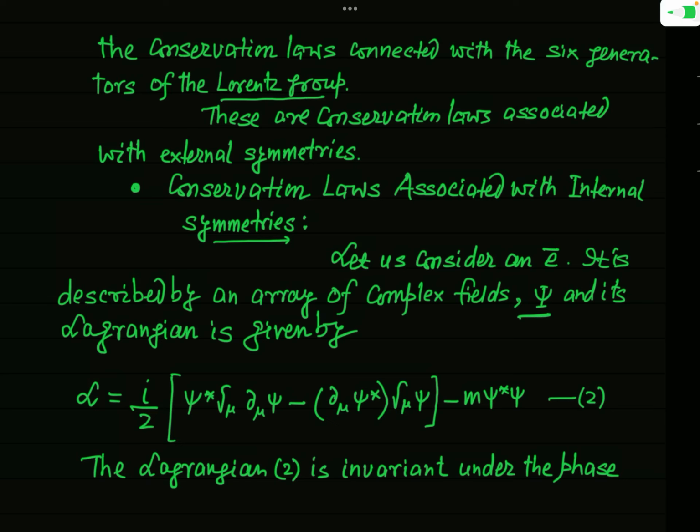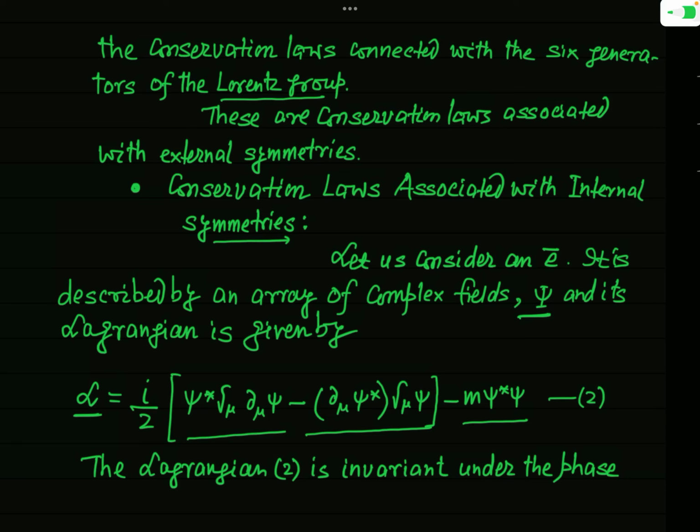I have written it directly. So this is the expression for Lagrangian written in covariant form. So you have to remember it. The Lagrangian of this electron will be written as L equal to i over 2 psi star gamma mu del mu psi minus del mu psi star gamma mu psi, minus m psi star psi.